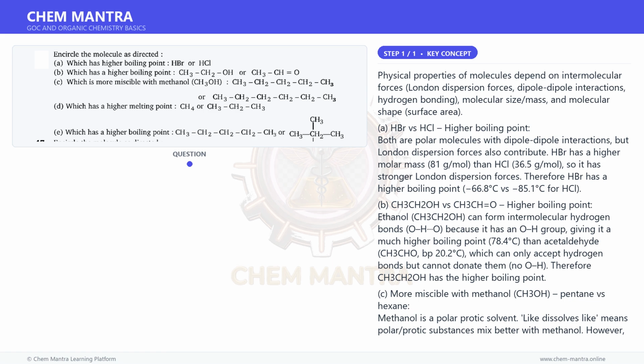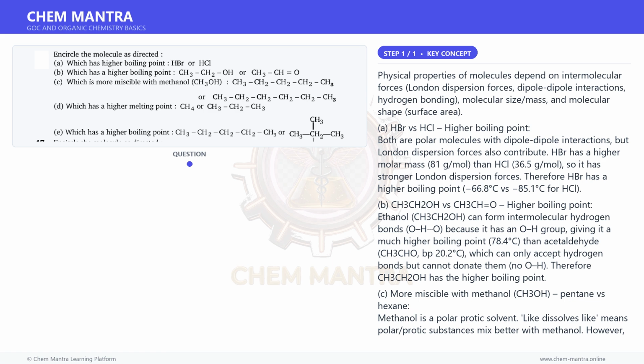HBr has a higher molar mass, 81 g/mol, than HCl, 36.5 g/mol, so it has stronger London dispersion forces. Therefore, HBr has a higher boiling point, 66.8 degrees C versus 85.1 degrees C for HCl.